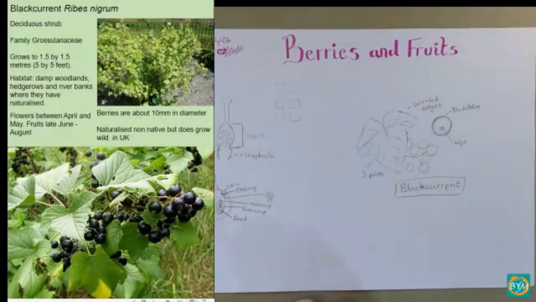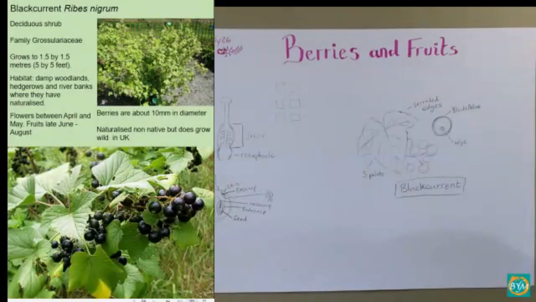And I've given you some different information on the slide that you can add to your little sketches. So this is a deciduous shrub. I've got the plant family in here, which I'm not going to try and pronounce. I haven't had practice with that one.